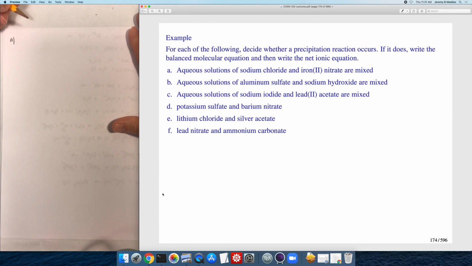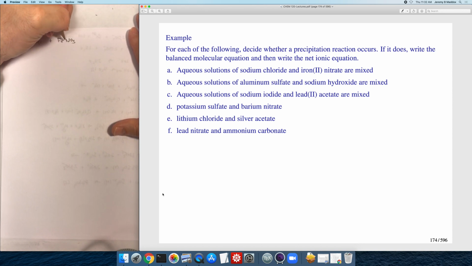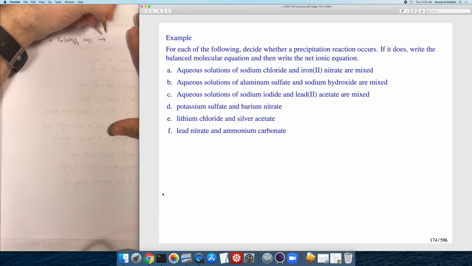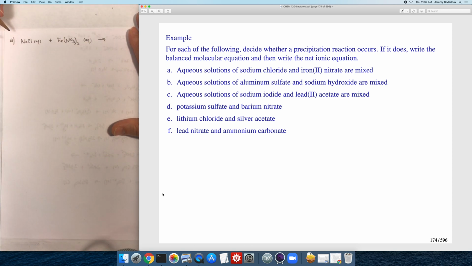So we have an aqueous solution of sodium chloride. That's one reactant. And then we have an aqueous solution of iron 2 nitrate. Okay, so I'm using my chemical nomenclature skills to get me that far. Now what I need to do is figure out, will a precipitation reaction occur or not?